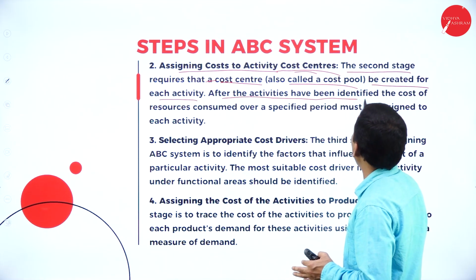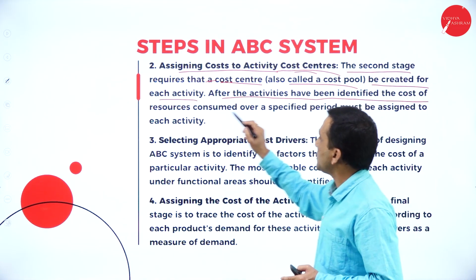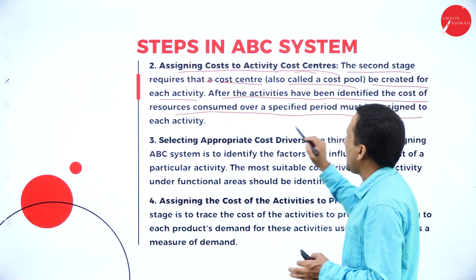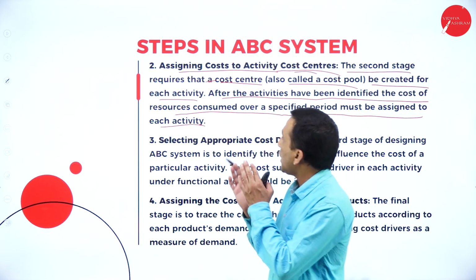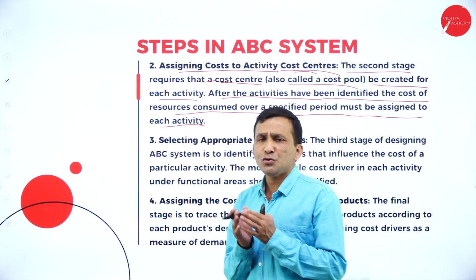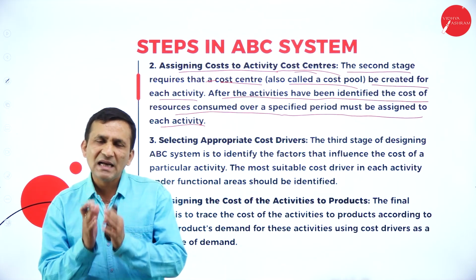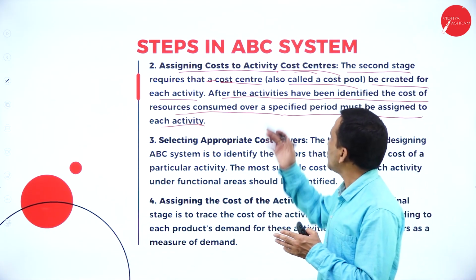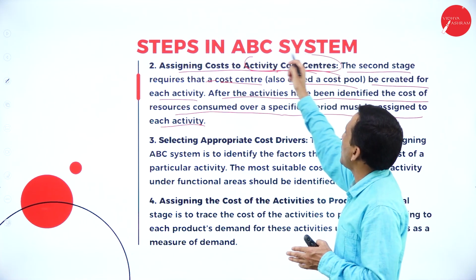After the activities have been identified, the cost of resources consumed over a specific period must be assigned to each activity. So now you want to decide how much cost to assign to the respective activity. That is actually based on the activity cost center.